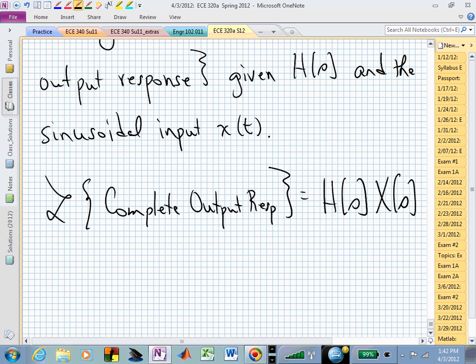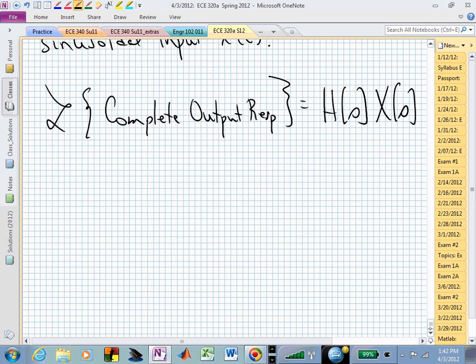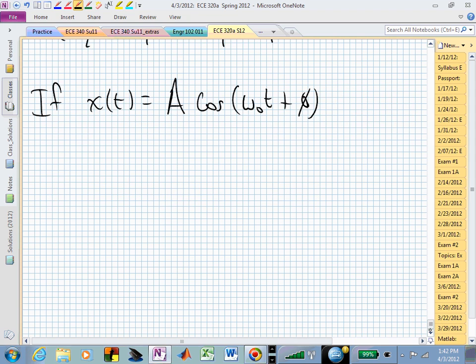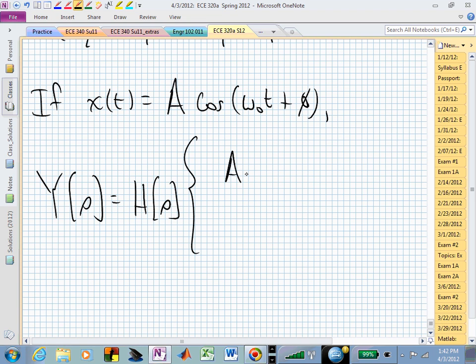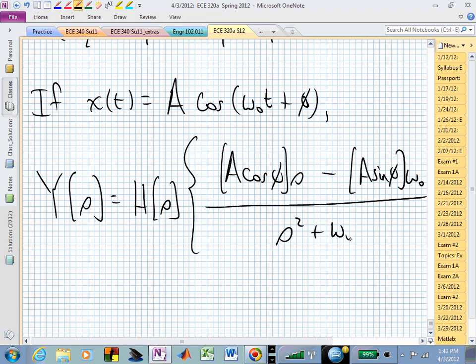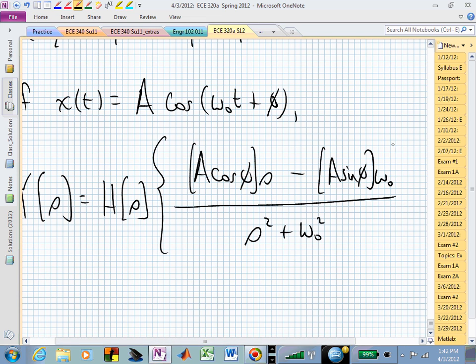And if x of t is this structure that we just said, A cosine of omega naught t plus phi, then we know that Y is H of s times this A cosine phi s minus A sine phi omega naught, all over s squared plus omega naught squared.